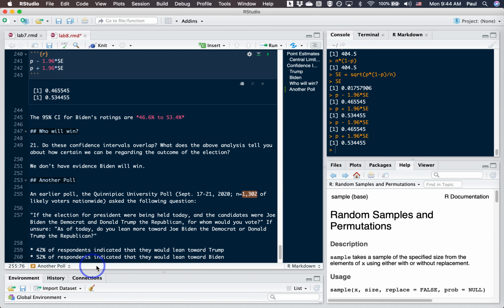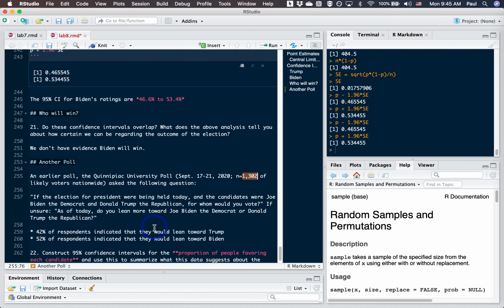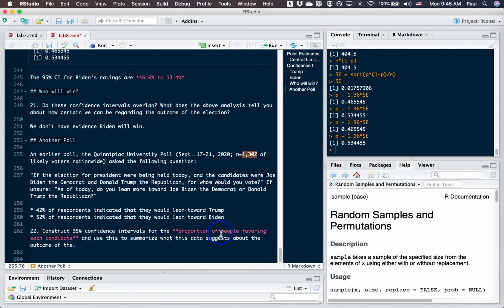So you'll do the same process with this poll. Construct your intervals, the proportion of people favoring each candidate, and then use that to summarize what this data suggests about the outcome of the election. All right. Good luck.